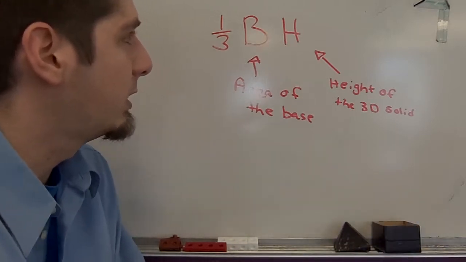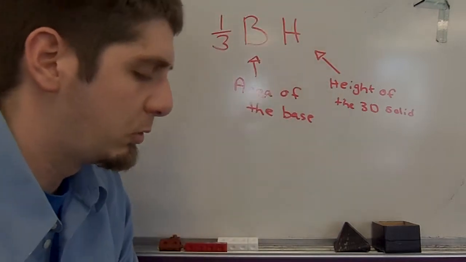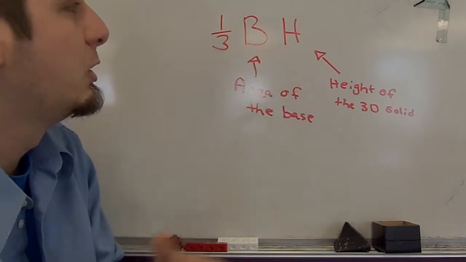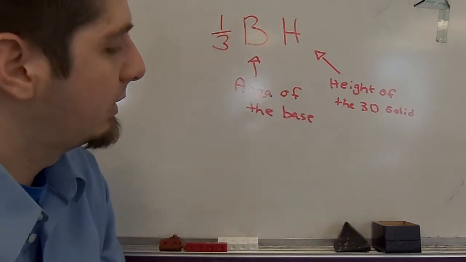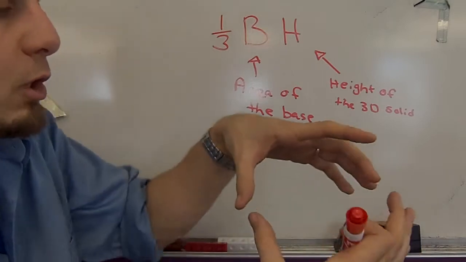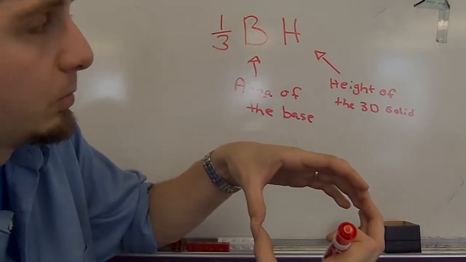The reason why this formula applies to both cones and pyramids is because big B changes depending on what your base is. Now with a cone, all cones' bases are always circles.